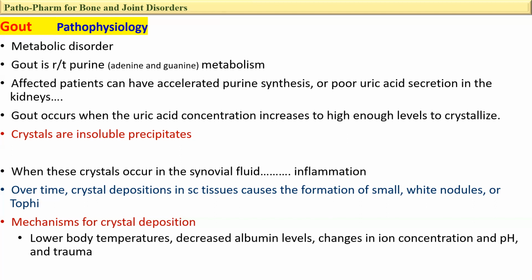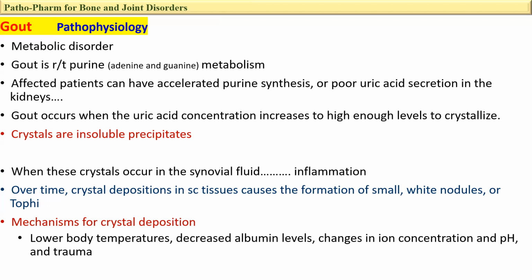So then they will end up with hyperuricemia, high uric acid in the blood, built up due to decreased or poor excretion of uric acid by the kidneys. So gout will occur when the uric acid concentration increases to high enough levels that the uric acid becomes crystallized.